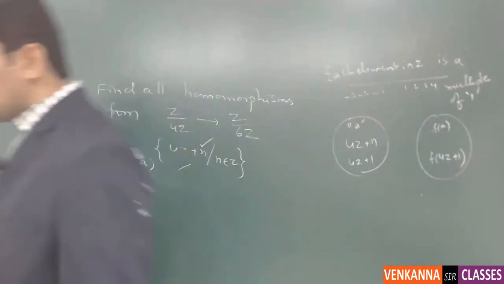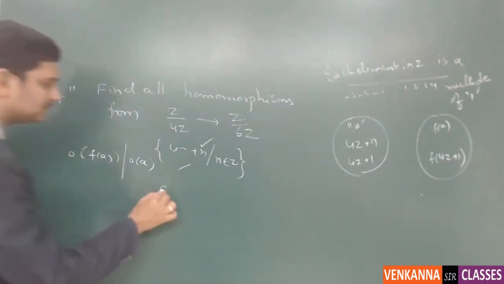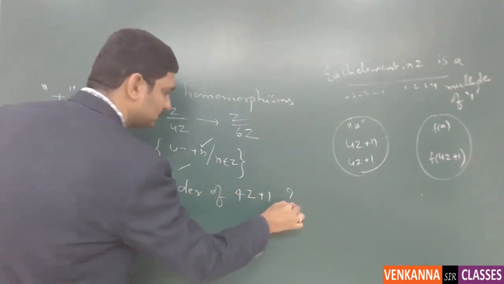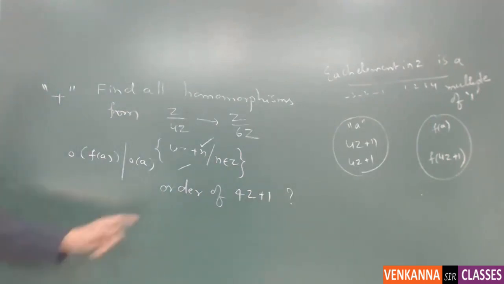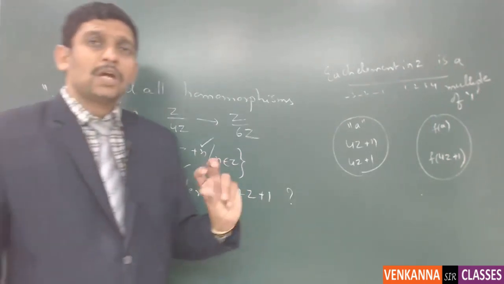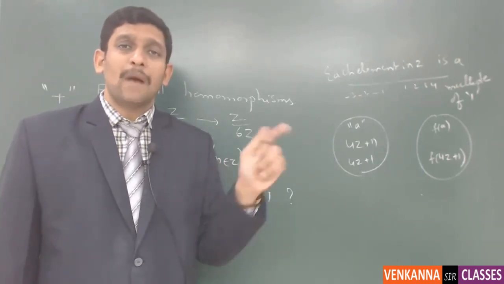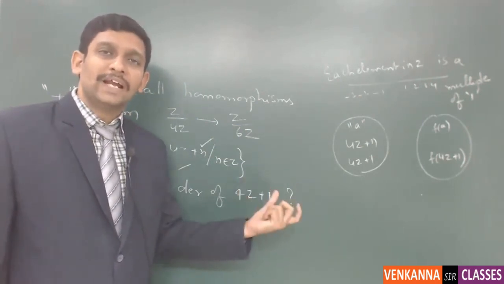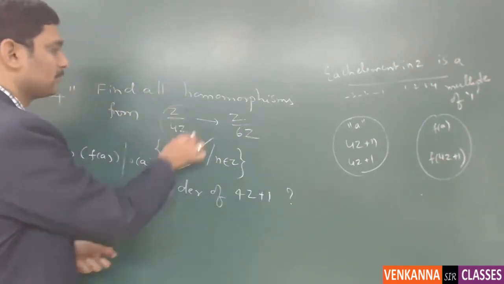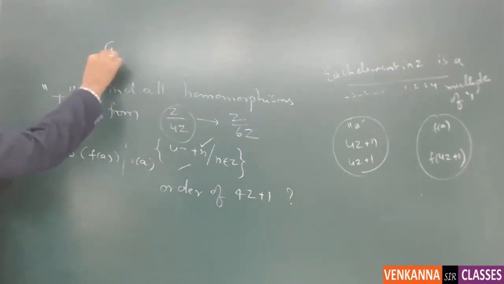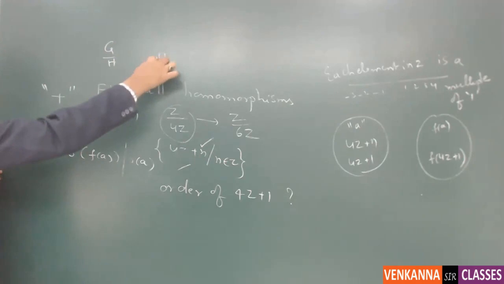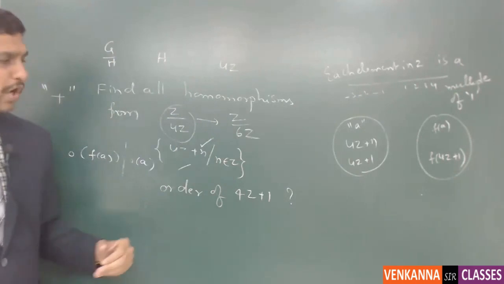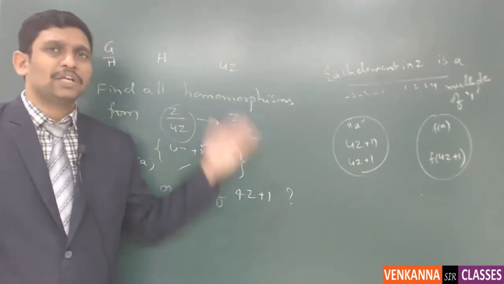Now the question is, what is the order of 4Z + 1? For this, you need to understand how many times you apply the operation plus to 4Z + 1 to get the identity. If you take a quotient group G by H, the identity is nothing but H. So here the identity is 4Z. How many times do you add this element to get the value 4Z?